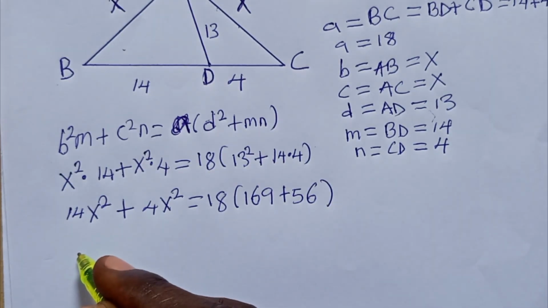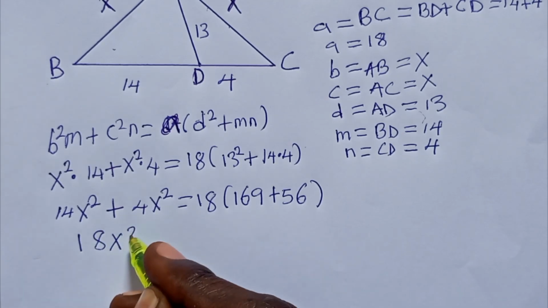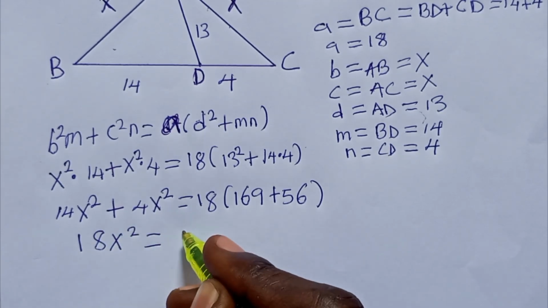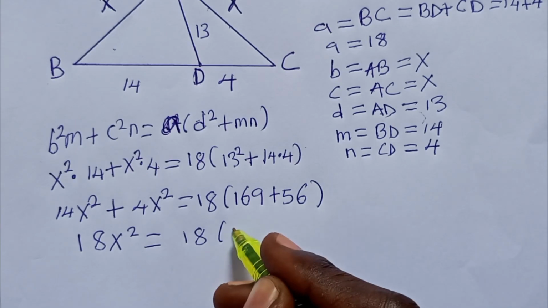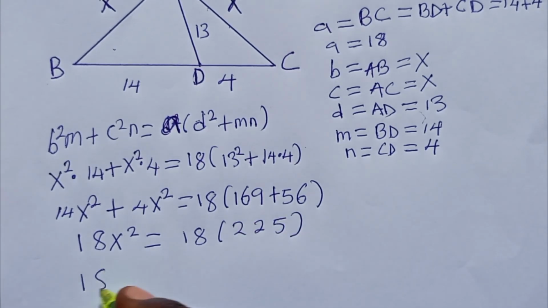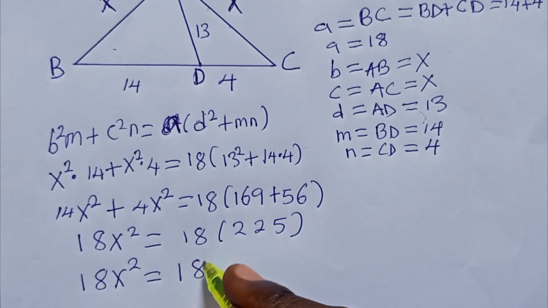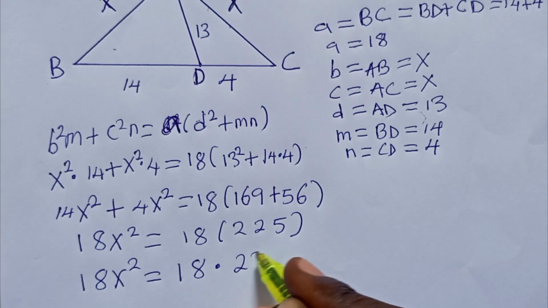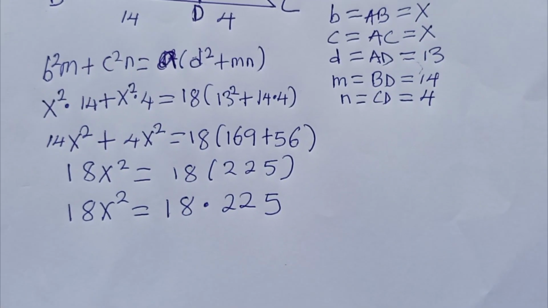So 14x squared plus 4x squared is 18x squared, equal to 18 into 169 plus 56, that's 225. So we have 18x squared equal to 18 times 225.